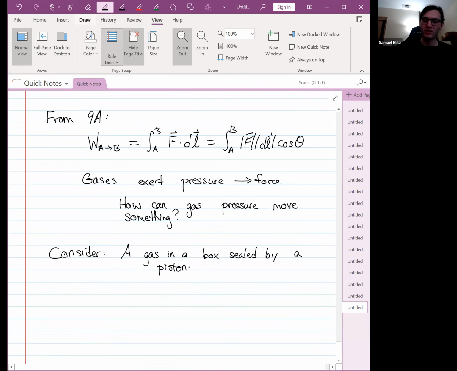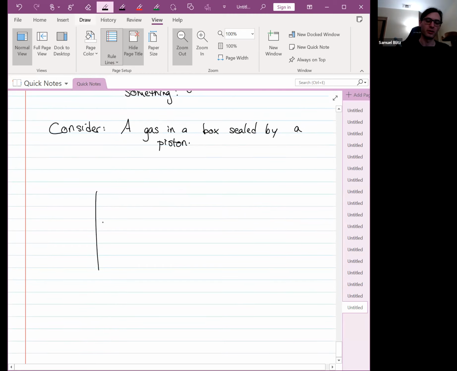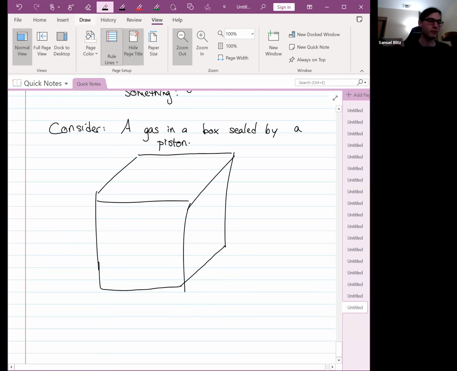So remember, a piston is like the thing in the engine. It's like a cover that you can slide up and down. So the picture here is you have your box. I'm going to do my best to draw this, but it's not easy. Here's your box with your gas in it. All of the sides are sealed, except the top.